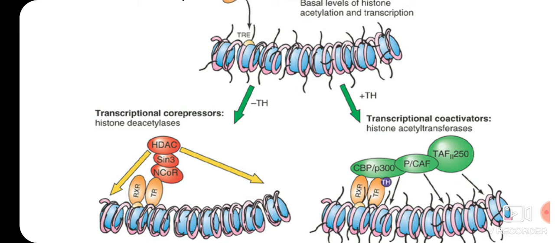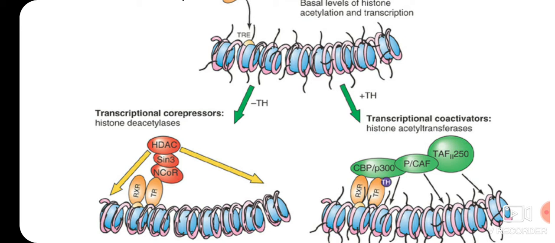So now when the thyroid hormone is there, instead of recruiting NCoRs, the dimers will now call upon transcriptional activators or co-activator proteins like CBP/p300 or PCAF, which together call upon an acetylation protein called TAF250, which is a histone acetylase and which further acetylates the histone side chains.